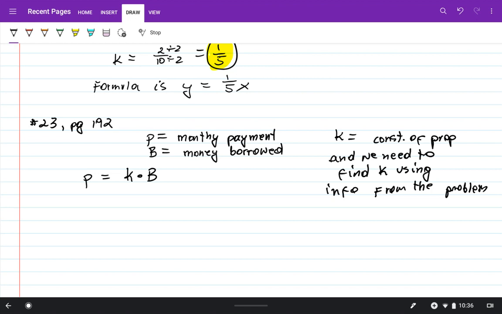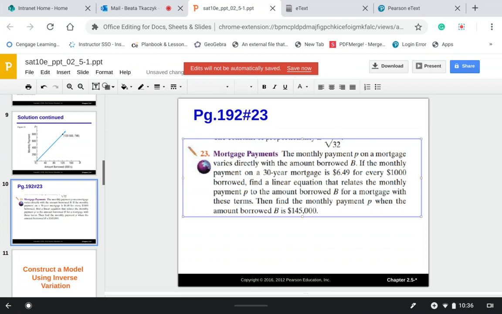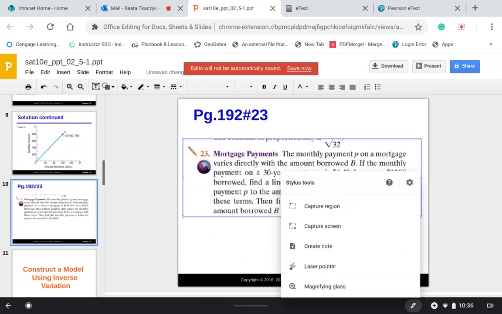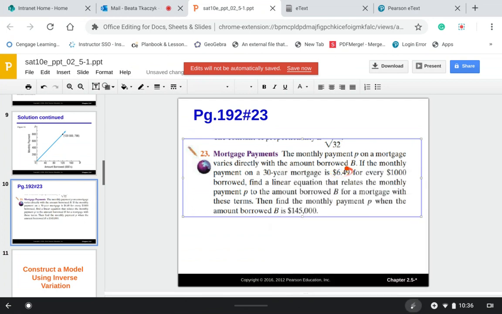So how are we going to find it? They're telling you in the problem that you're paying $6.49 if you borrow 1,000. So I'm going to use that information.